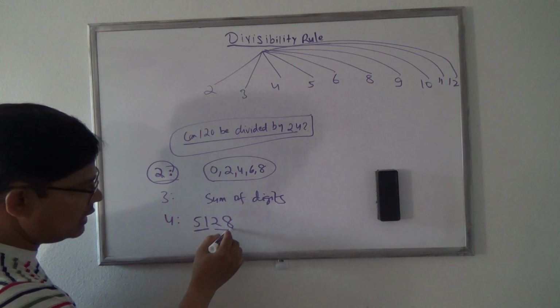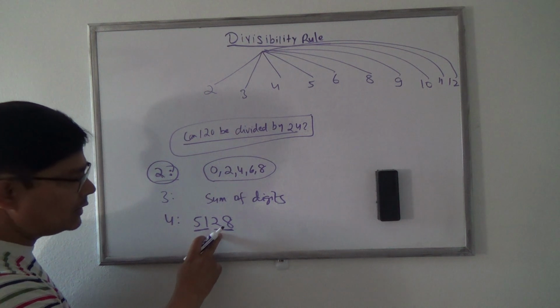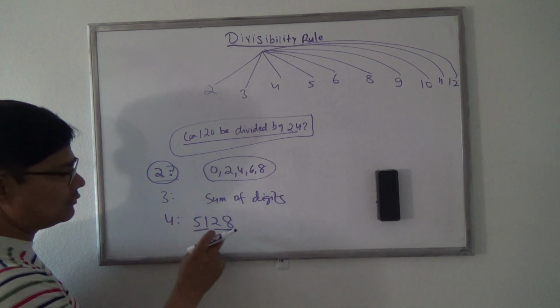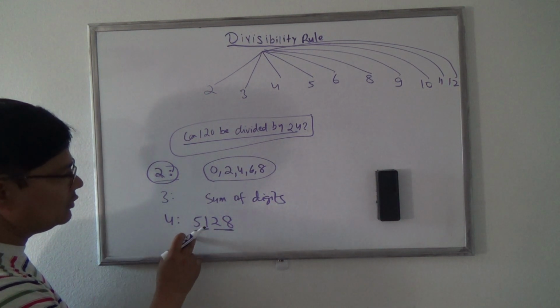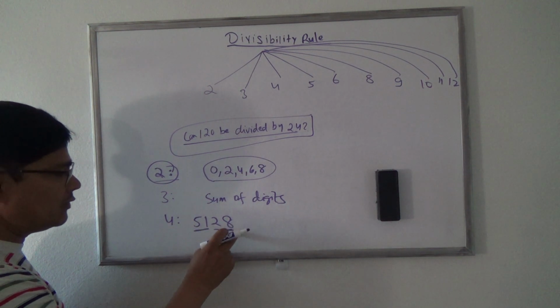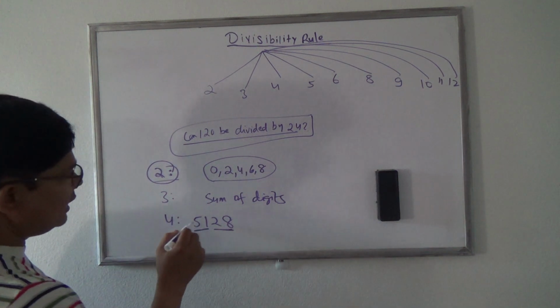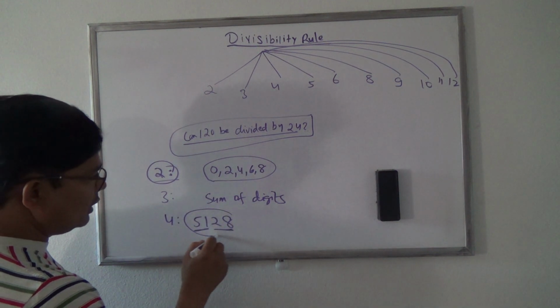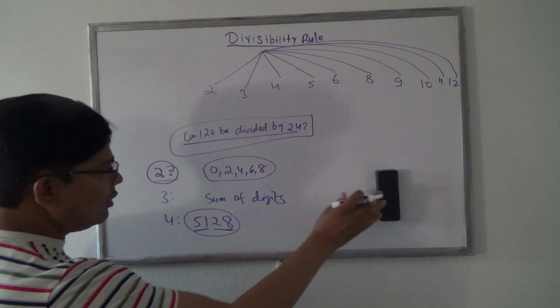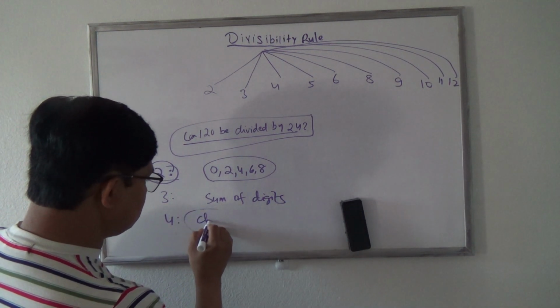Just look at the last 2 digits, 2 and 8. Can you divide 28 by 4? Yes, 28 divided by 4 is 7. So you are sure that you can divide 5128 by 4. To check if any number can be divided by 4 or not, check the last two digits.